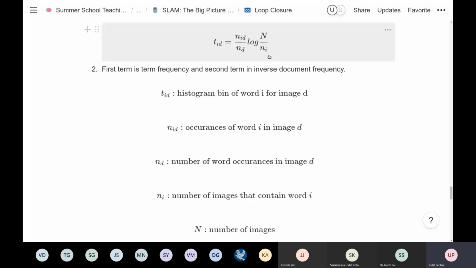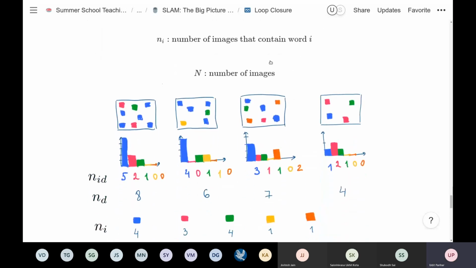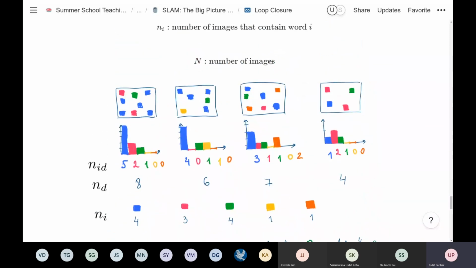So as we discussed the logic earlier, if a word is occurring in every image, it is not useful. Similarly, if a word is occurring in every image, we get ni equal to capital N, which makes it log 1, which is equal to 0. To make things more clear, here is an example. Let's say N is the number of images.